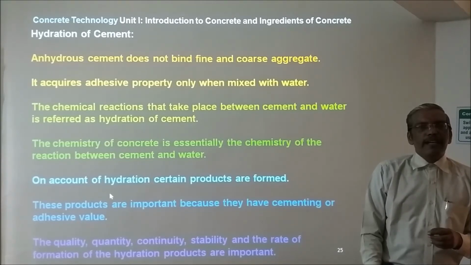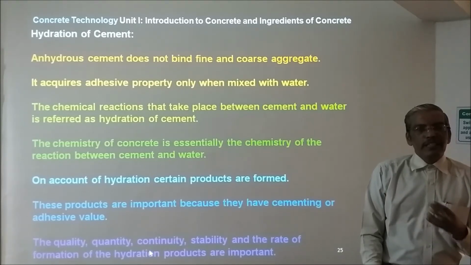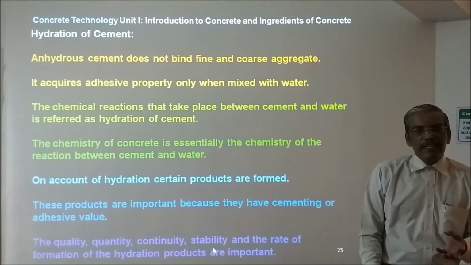On account of hydration, certain products are formed. These products are important because they have cementing or adhesive value. The quality, the quantity, the continuity, the stability, and the rate of formation of the hydration products are very much important.